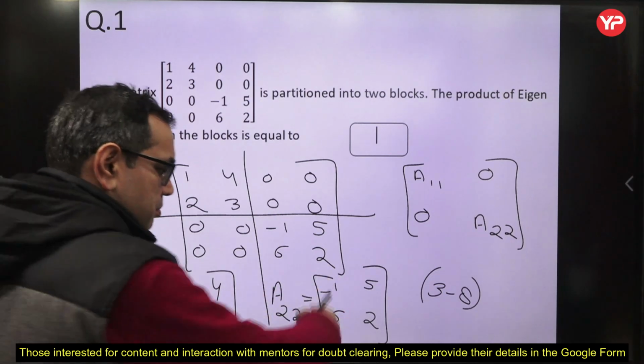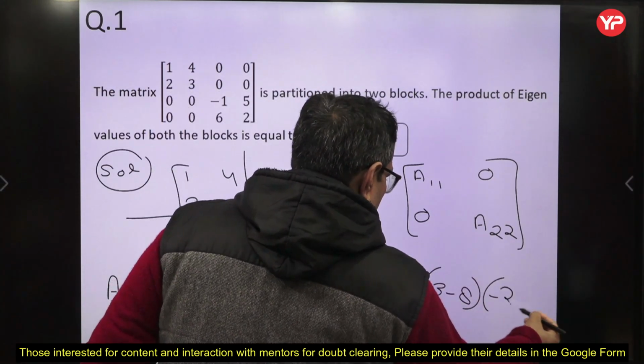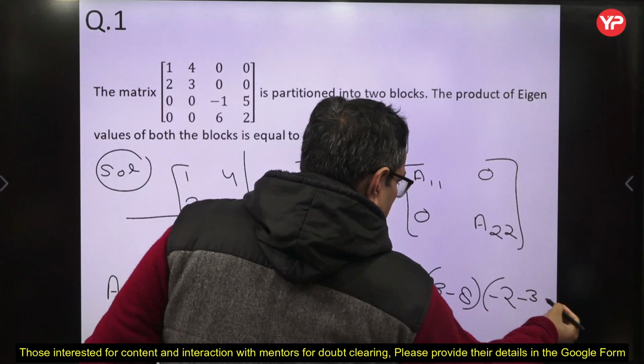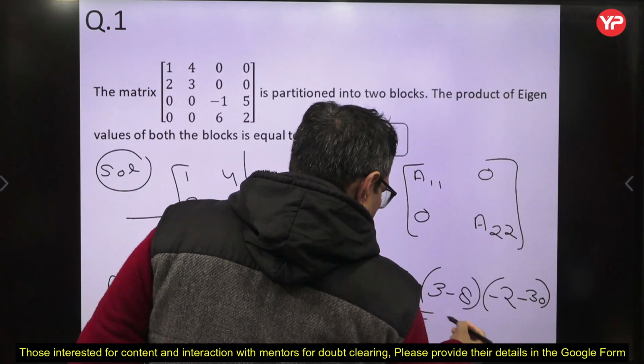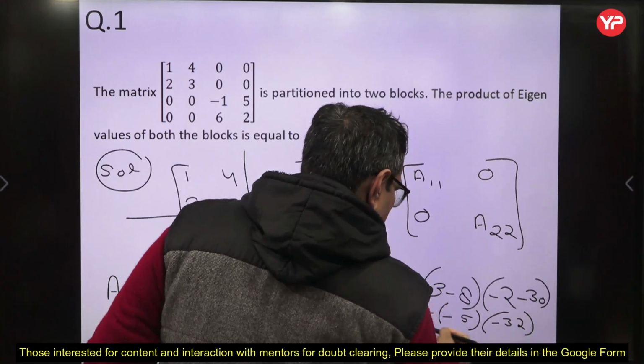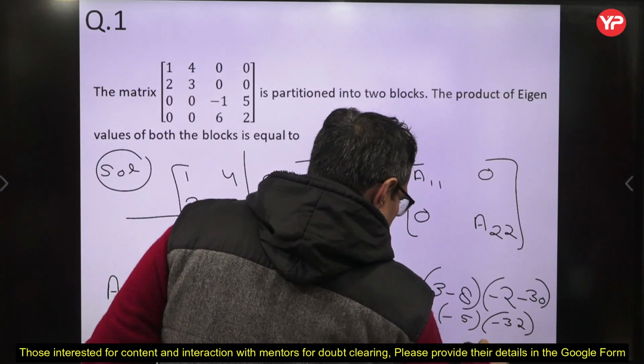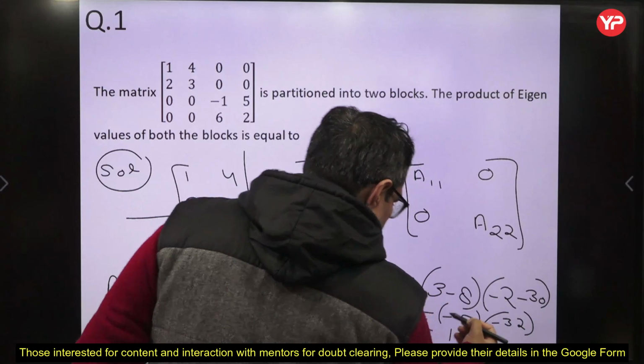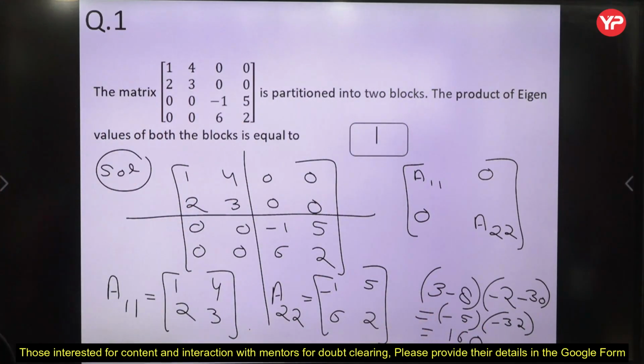The second is minus 2 minus 30, which is minus 32. So minus 5 multiplied by minus 32, minus minus becomes plus, is 160. So our answer is 160. We will write it in the block provided for the answer in the exam. This is a numerical answer type question.